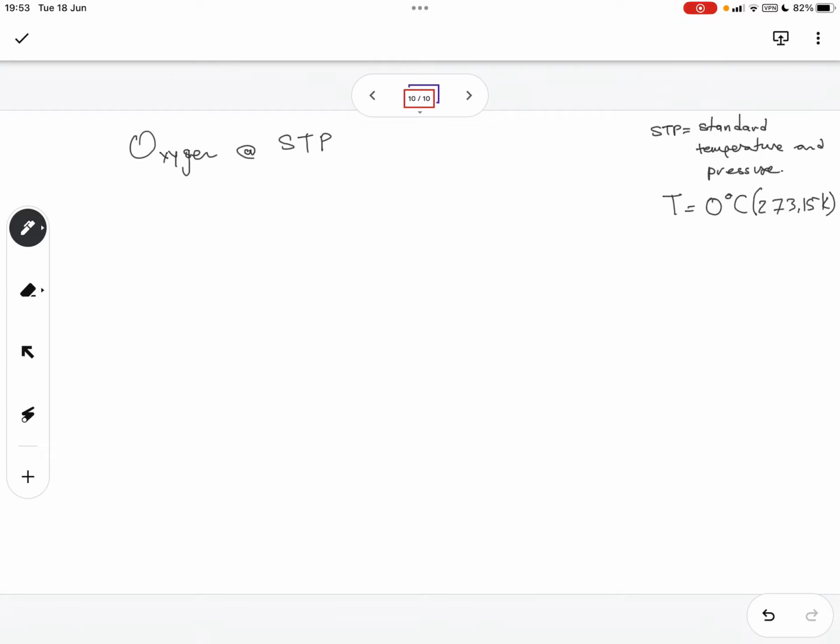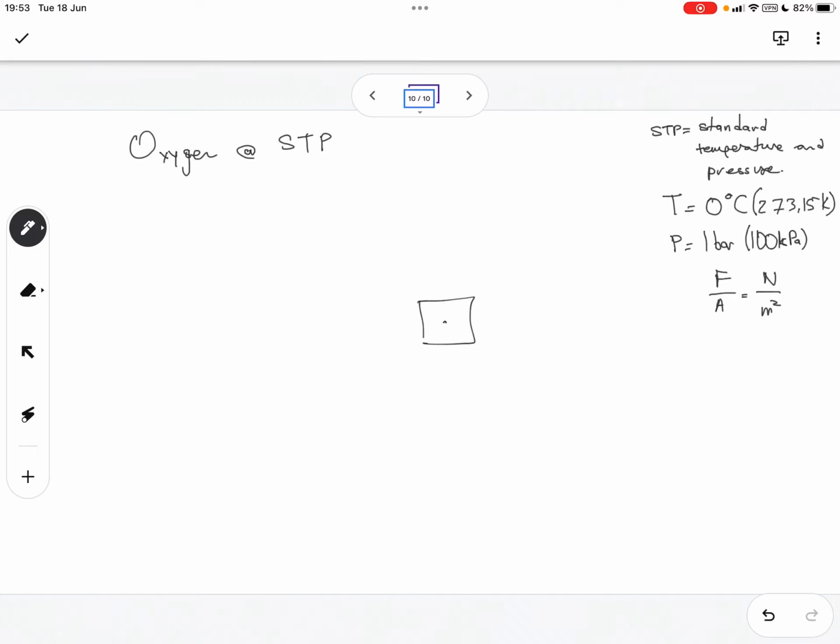And then for pressure, pressure at STP is 1 bar or 100 kilopascals. Pascals is a unit of pressure. It's force applied over a unit area, so effectively Newton per square meter.